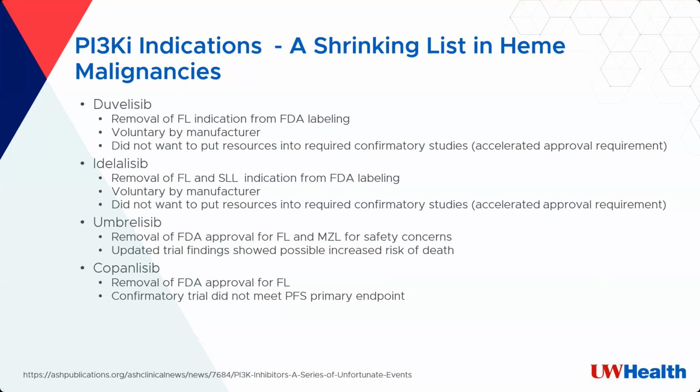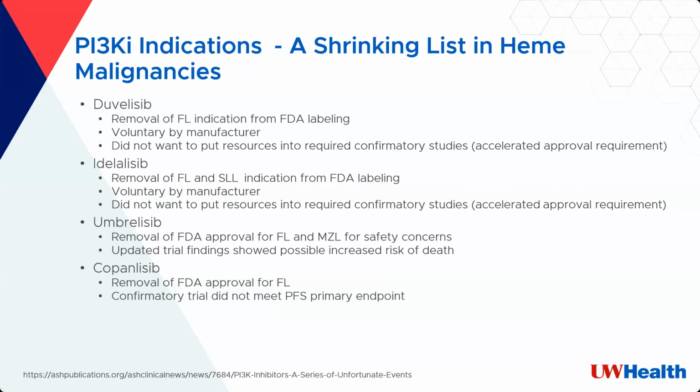So duvelisib had a removal of its follicular lymphoma indication. This was a voluntary removal by the manufacturer because they didn't want to put in the resources required for confirmatory studies. Idelalisib had a removal of follicular lymphoma and SLL indications for the same reason.